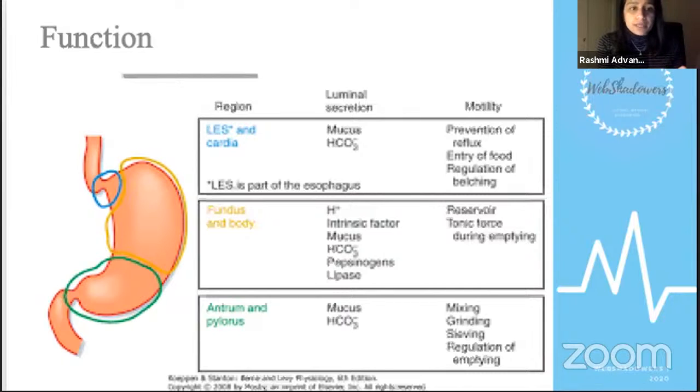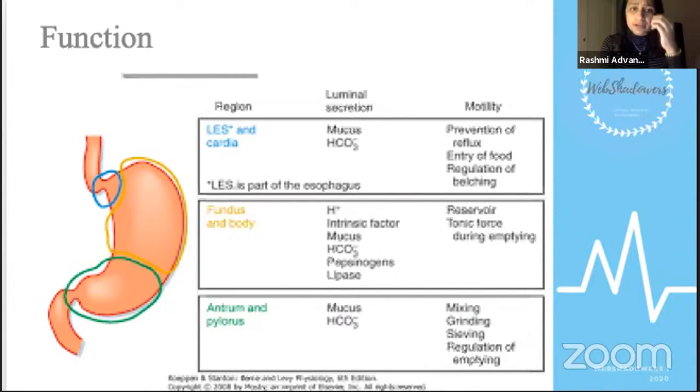So one of the main functions. As I mentioned, each part of the stomach has its own function. And the LES really means the lower esophageal sphincter. That's the sphincter where the esophagus ends and the stomach begins. And the first part of the stomach I told you was the cardia. In that area alone, the mucus layer of the stomach produces bicarb.